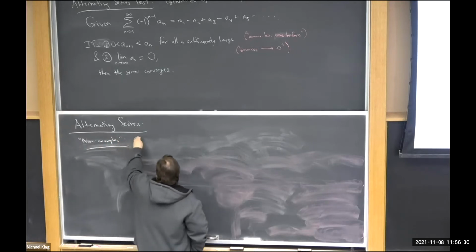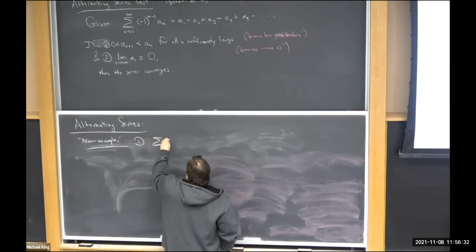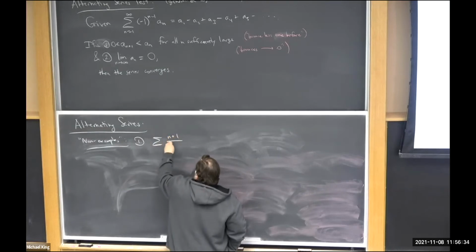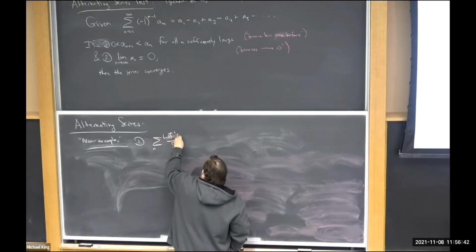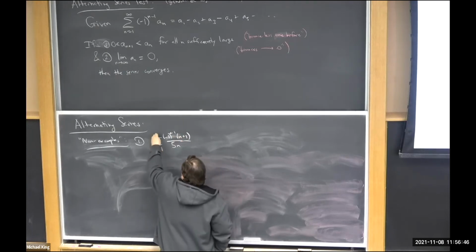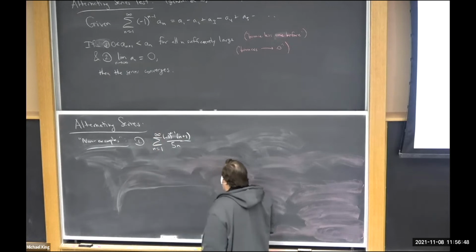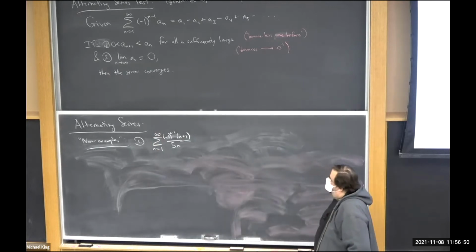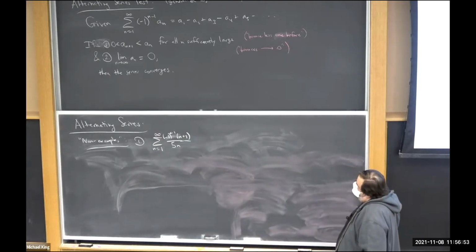So here's one. What if I had the sum of (n plus 1) over 5n? Oh, I forgot my alternating. Minus 1 to the n minus 1, times (n plus 1) over 5n, n equals 1 to infinity. Something like this.